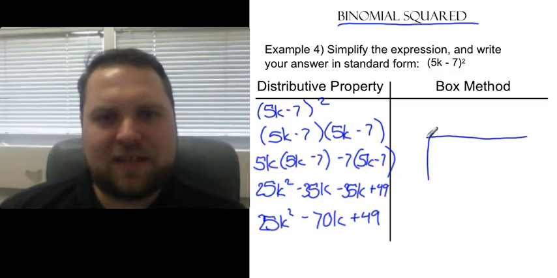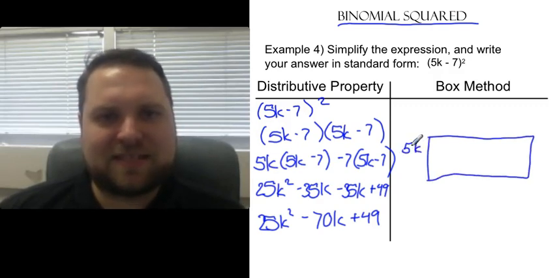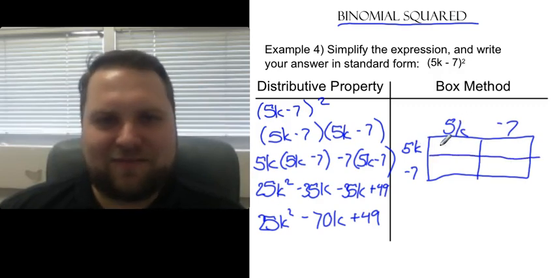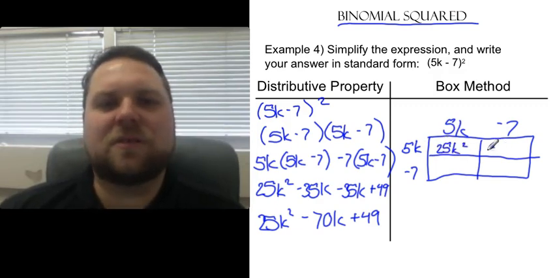In the box method, I can put these up there, except it's going to be the same on all sides. It's 5k and a negative 7, no matter where we look on this. And when I multiply, again, 5 times 5 is 25, k times k is k squared. Don't forget that square, folks.